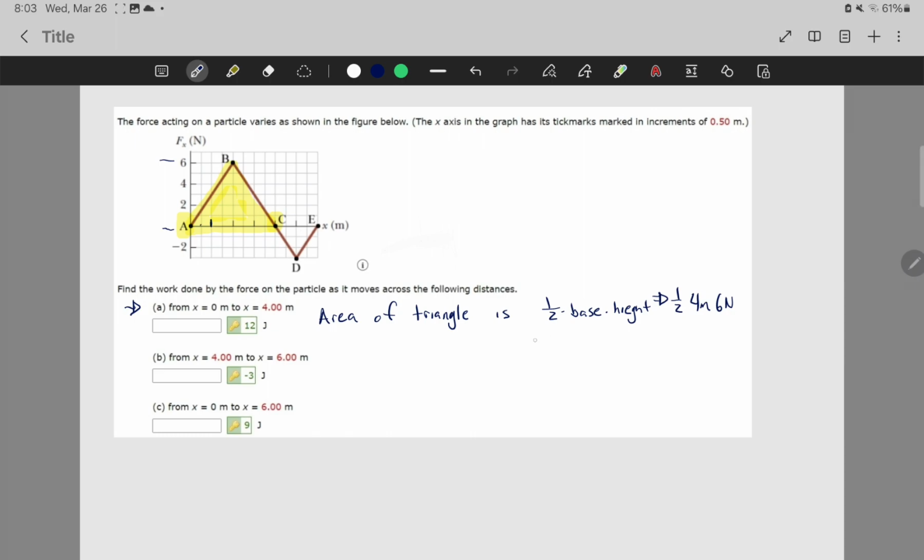So for part A, the work would be equal to 1/2 times 6 newtons times 4 meters, which would equal 12 joules. So that's where we get this.